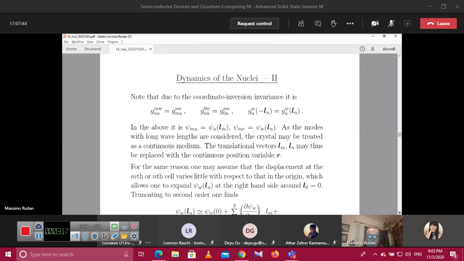So we have another property of invariance: these coefficients do not change if we replace the translational vector of the cell number n with the translational vector minus L n. Okay.